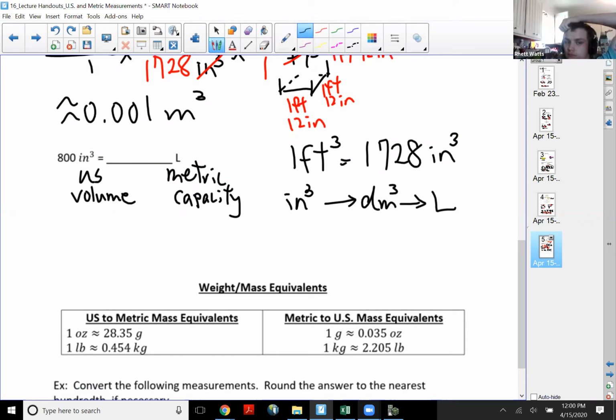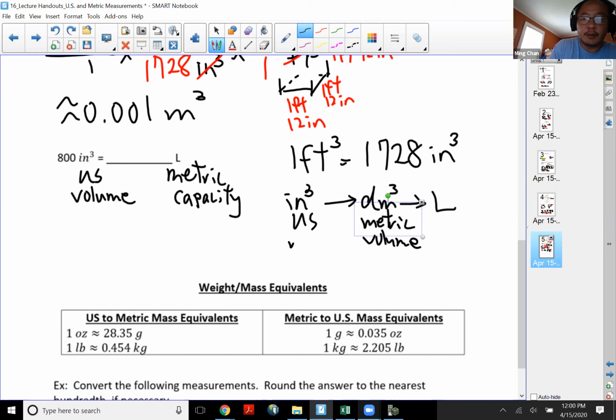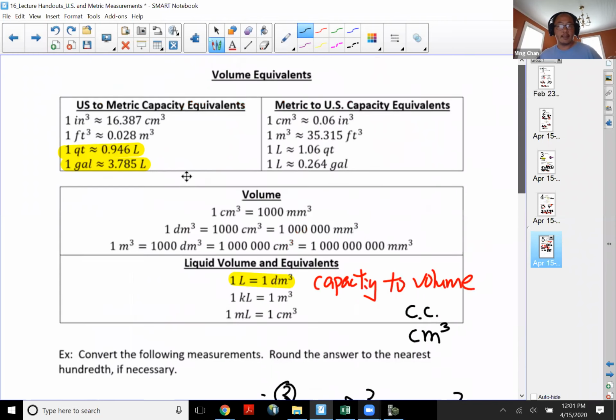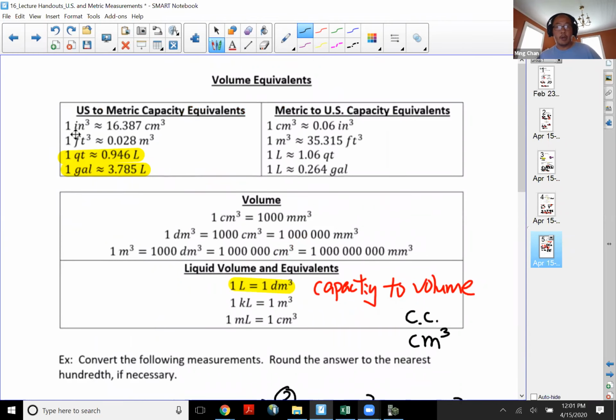Remember, this is metric for volume. This is US for volume. Do I have anything between cubic inch to cubic deci? No, I have cubic inch to what? To cubic centi.